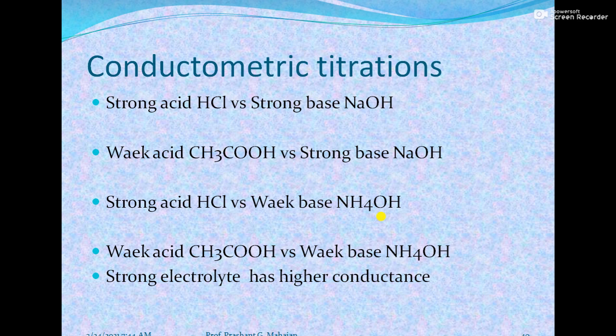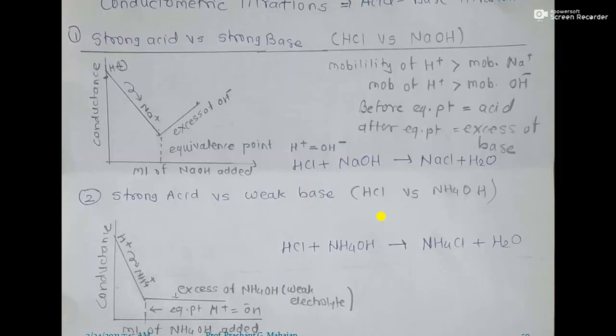Starting with the first titration, strong acid versus strong base, that is HCl versus NaOH. As you can see, the graph is plotted as conductance versus ml of NaOH added. We take the acid in a beaker and fill the burette with NaOH solution.